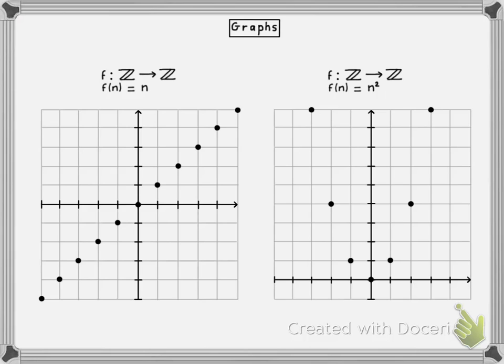So if the domain of the function here was the real numbers, then this would be the graph of a parabola, where you would have to draw a continuous line going through these points. Here we just have a discrete version of it. So this concludes our segment on graphs of functions.